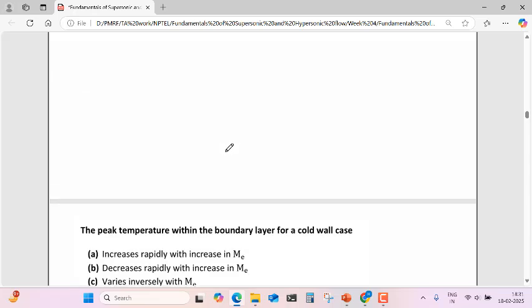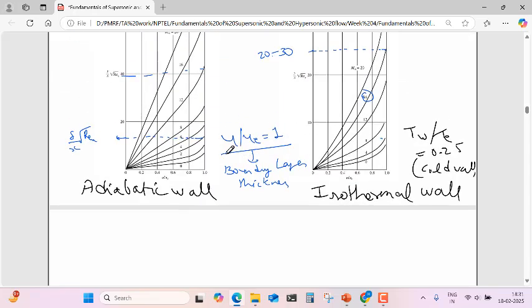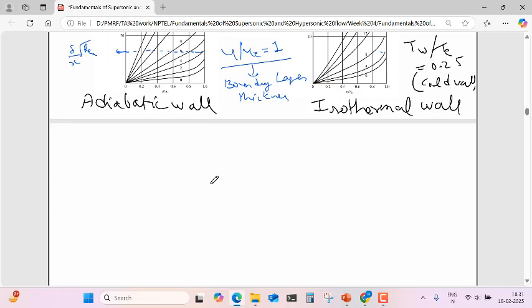So the temperature for the adiabatic wall case is greater than the temperature for the isothermal wall inside the boundary layer.